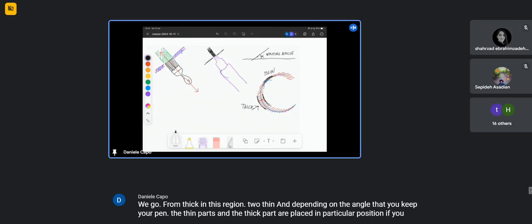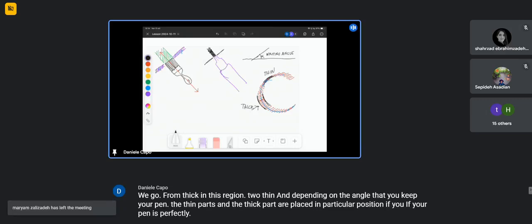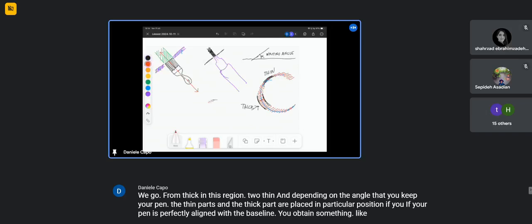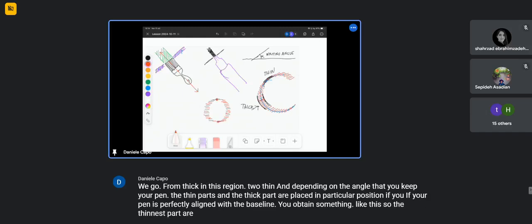If your pen is perfectly aligned with the baseline, you obtain something like this. So the thinnest parts are perfectly aligned to the vertical, and the thick parts are on the side.